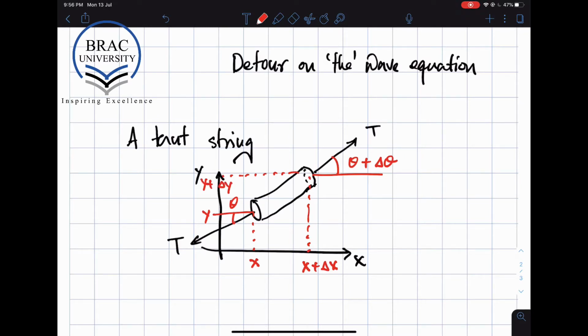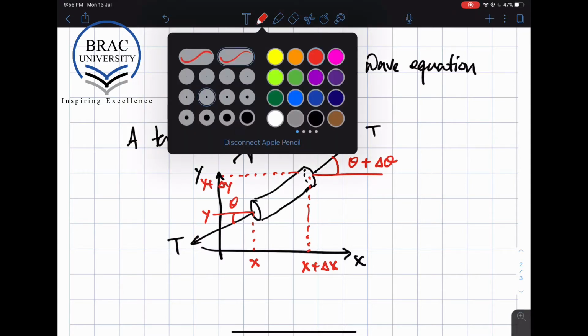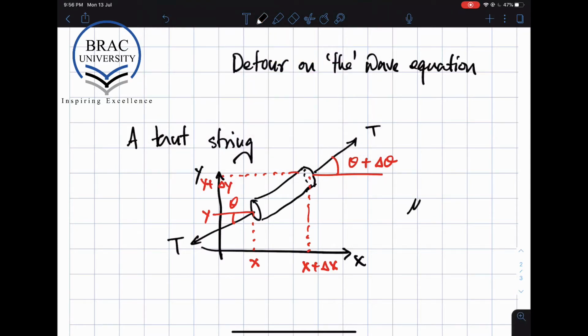Let's also take the string to have uniform density. So mu is the linear density, the mass of the string per unit length.